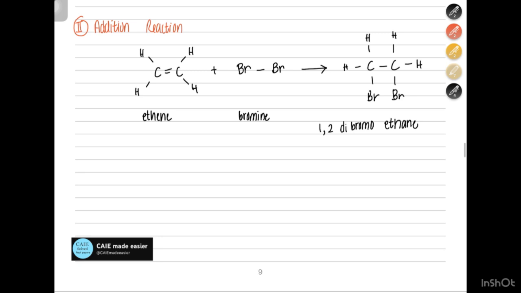If both of the bromine were attached to 1 carbon, for example such as this, it is going to have a different name. Can you guess what that would be?